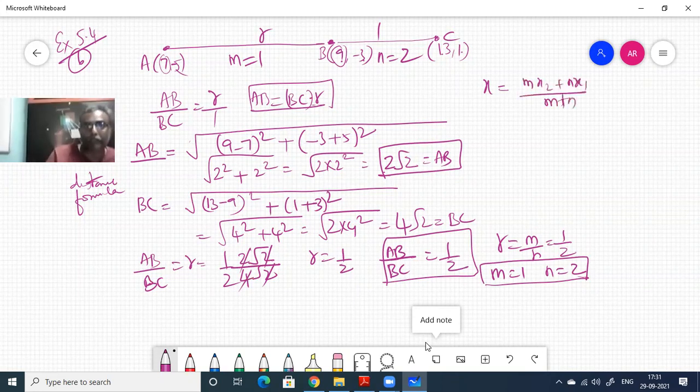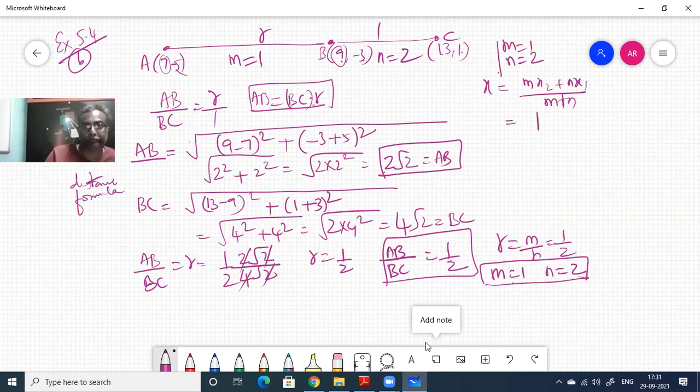You find that out, whether it is coming 9. Let us see. m is 1, n is 2.